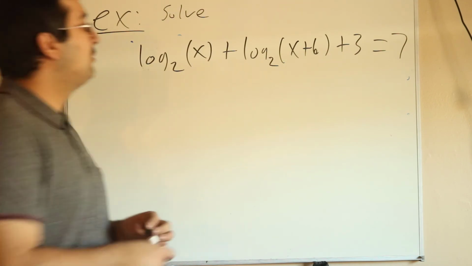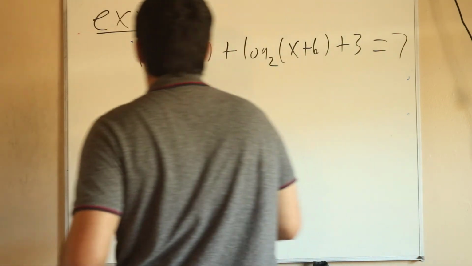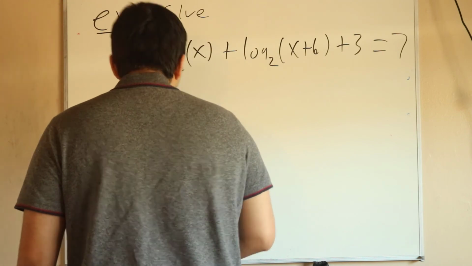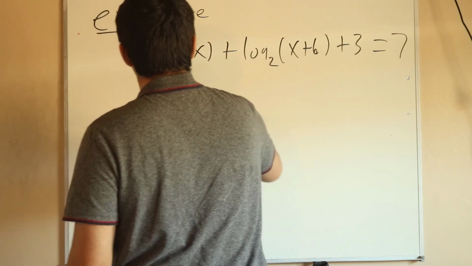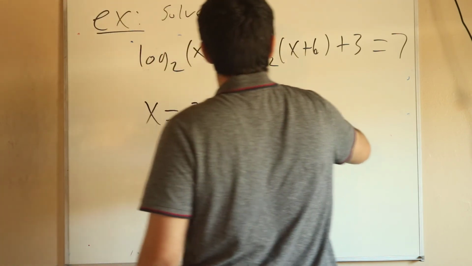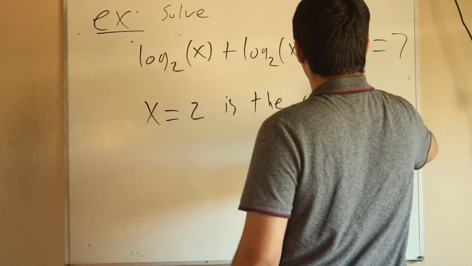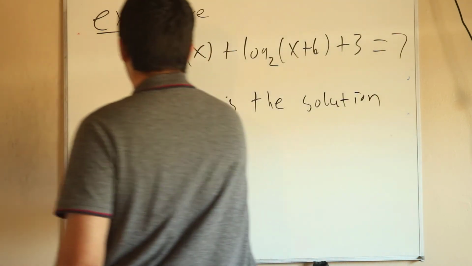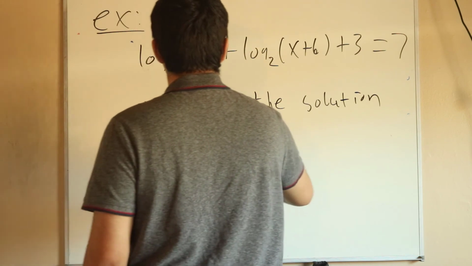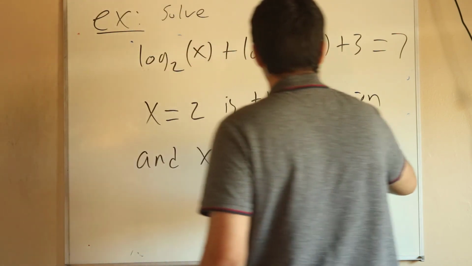Okay, so hopefully you gave the problem a shot. And if you did, let's compare answers. Here is the answer I got. x equals 2 is the solution. And x equals -8 was a false solution.